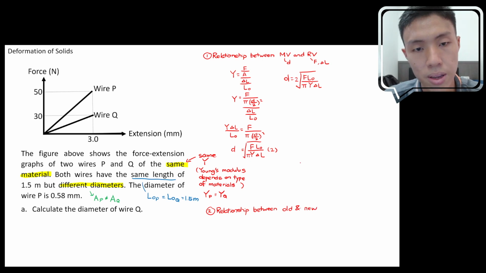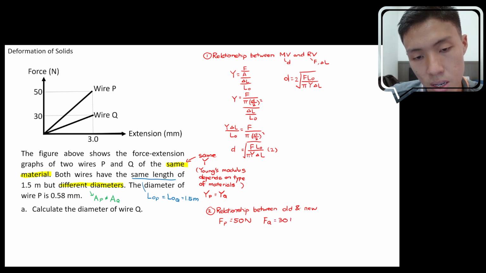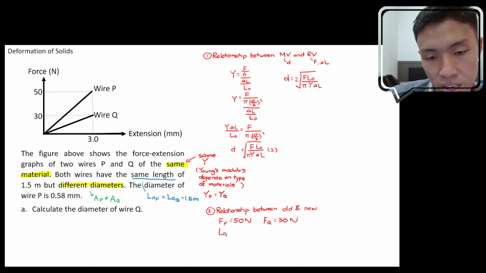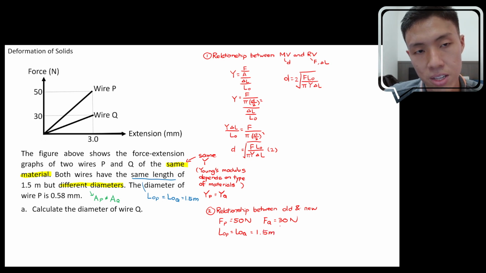Okay, you know that the force experienced by P is 50 Newton, whereas the force experienced by Q is 30 Newton. What else do you know? How about the original length? The original length of P is the same as the original length of Q, which is equal to 1.5 meter. Pi, no need to think about it.